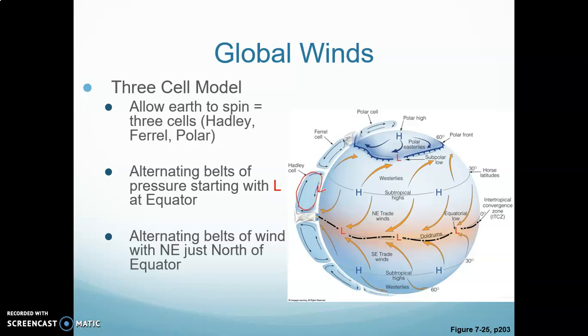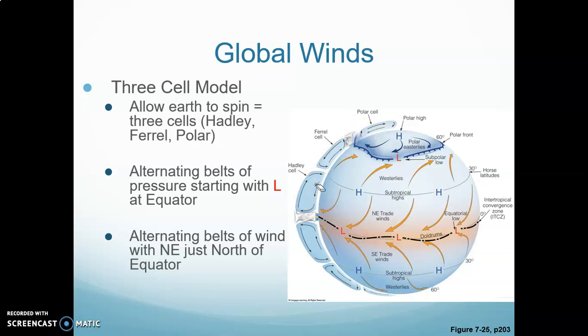Instead of going from the equator to the poles, it only goes from the equator to latitudes of 30 degrees. And then you have the Ferrel cell, which is a circulation in the opposite direction, but between the 30 and 60 degree latitude lines. And the polar cell, which is between the 60 degree latitude line and the pole itself.